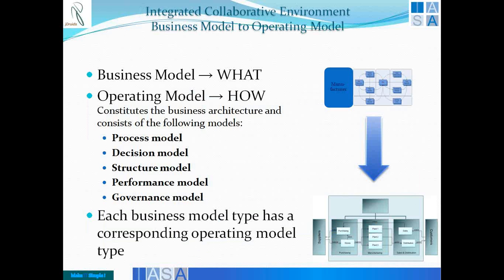Each business model type will have a different operating model. So if a company has, let us say, 4 business models, one is to sell to small and medium customers, small and medium industries. The other one looks at a big spectrum. Now both business models will have a corresponding operating model.